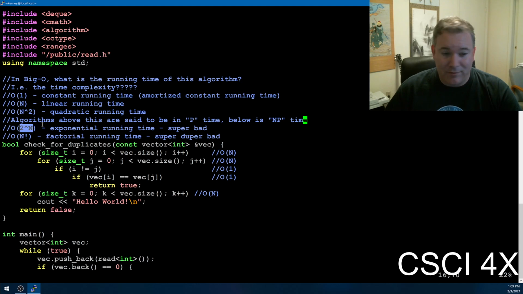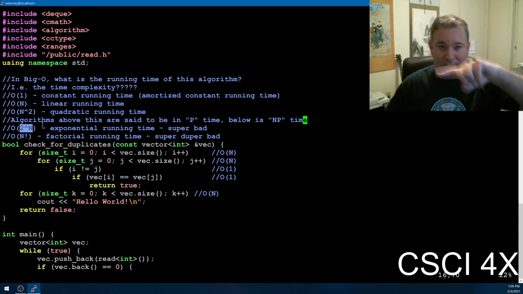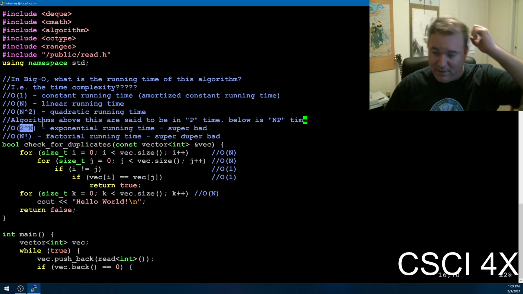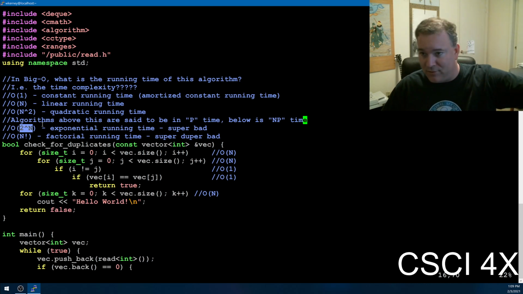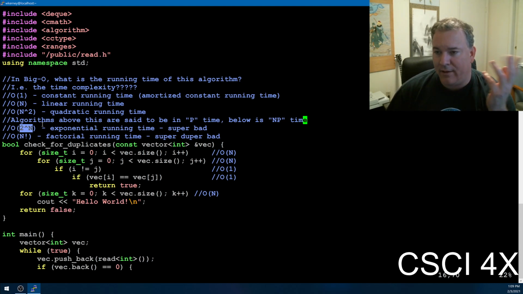So for very small numbers of input, you can actually write an algorithm that is exponential and it will run. But the traveling salesman problem is one in which you have a bunch of cities in America, and you have to visit each city once and try to minimize the total distance you travel, making a circuit around America. It's an order 2 to the n algorithm.